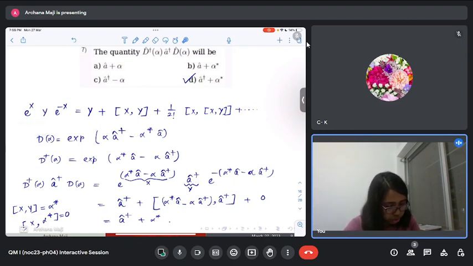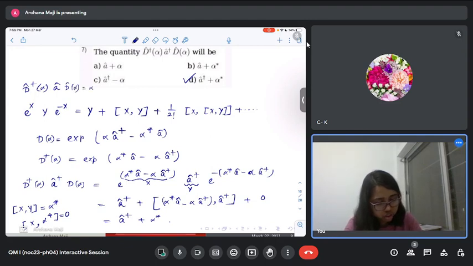So all of those will vanish once you have a constant XY commutator. So you know this. Now you should also verify that D dagger a D will give you a plus alpha. This you just do as homework.